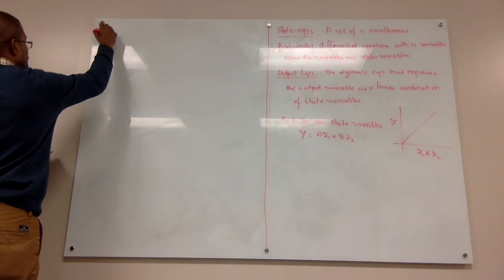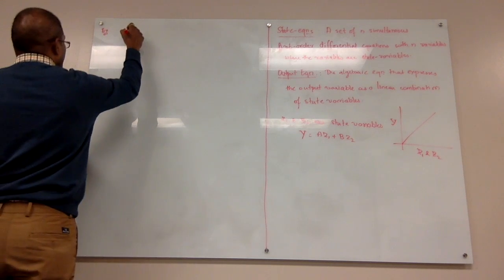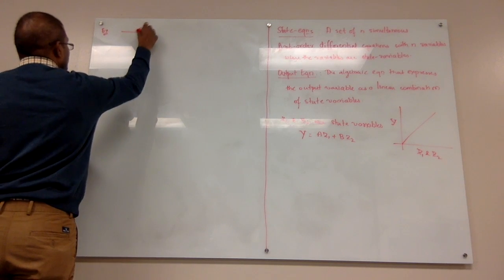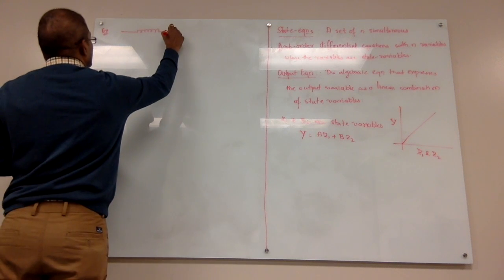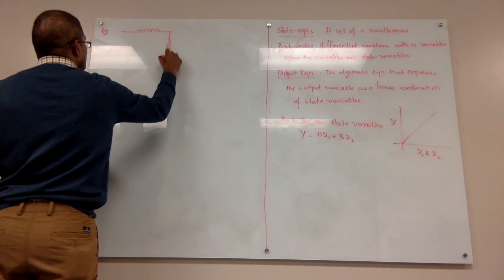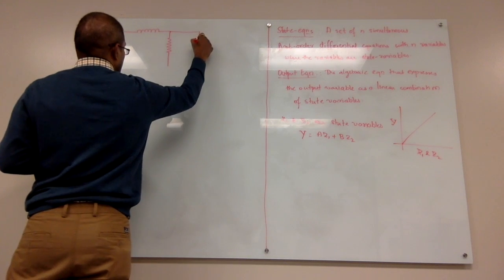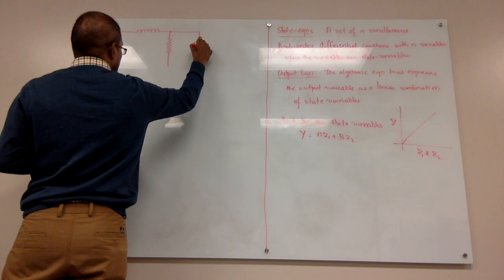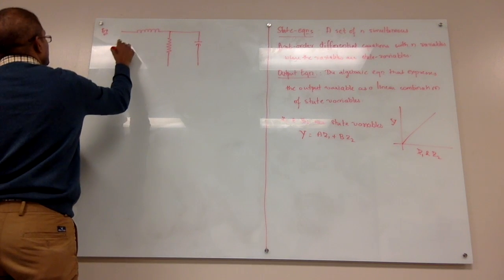So let's take an example. You have, let's say, inductance, resistance, and a capacitance. You have a voltage source.